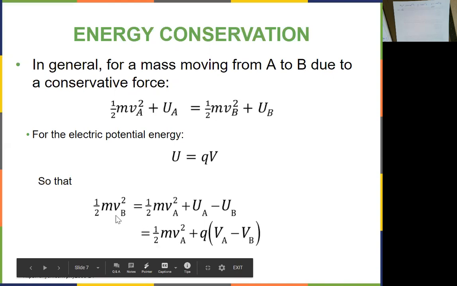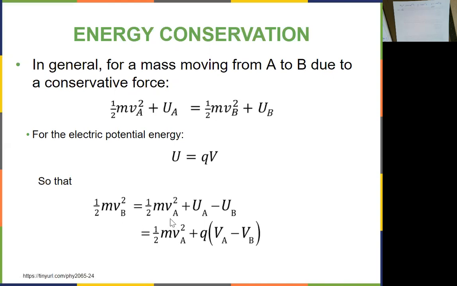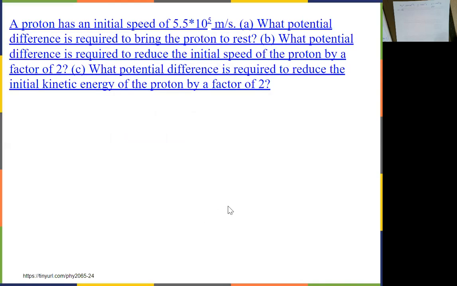Small v's stand for speed, the speed of the object. In this case, you're looking for delta V of capital V, which means potential final minus potential initial. So what will be this potential difference?